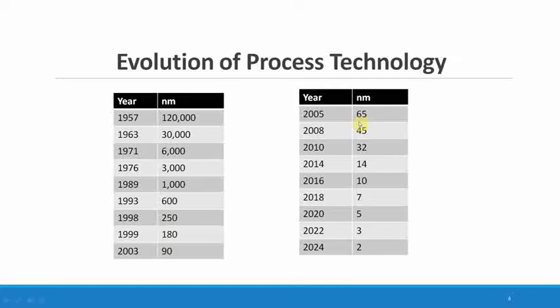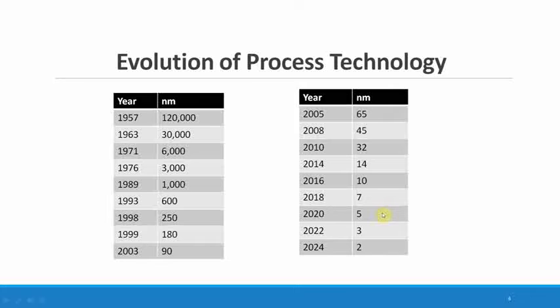Right now, all the devices that we use today are based on either 10 nanometer, 7 nanometer, or 5 nanometer technology. Basically, 10 and 7 nanometer technologies are more popular today, and if you are using advanced devices, then they use 5 nanometer technology.